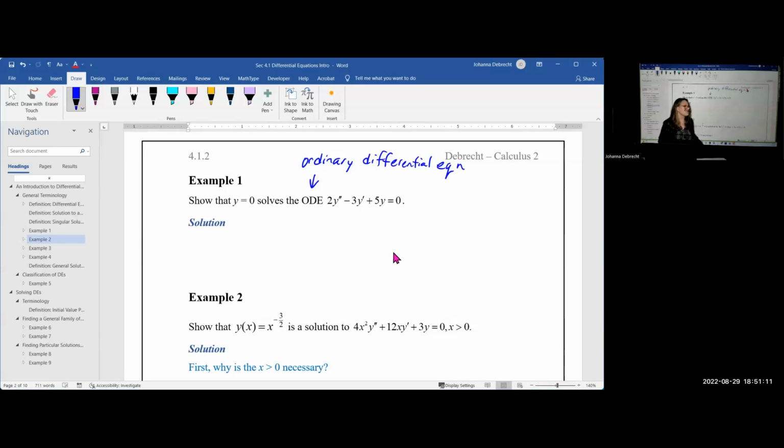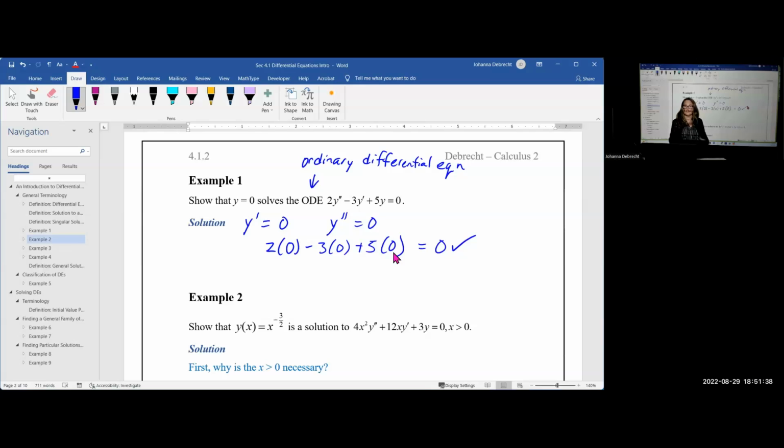Right? So first off, we have 2y double prime minus 3y prime plus 5y. Well, y equals 0. So what is y prime? Well, what's the derivative of 0? 0. And what's the second derivative of that? Still 0. So basically, we have 2 times 0 minus 3 times 0 plus 5 times the function itself is 0.